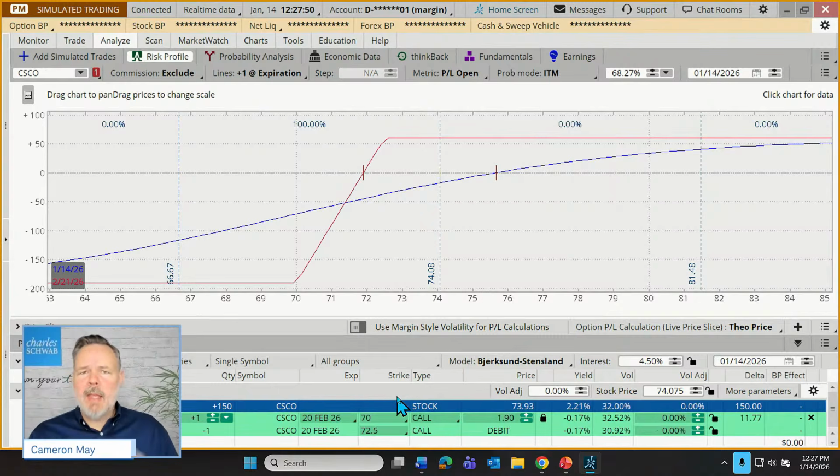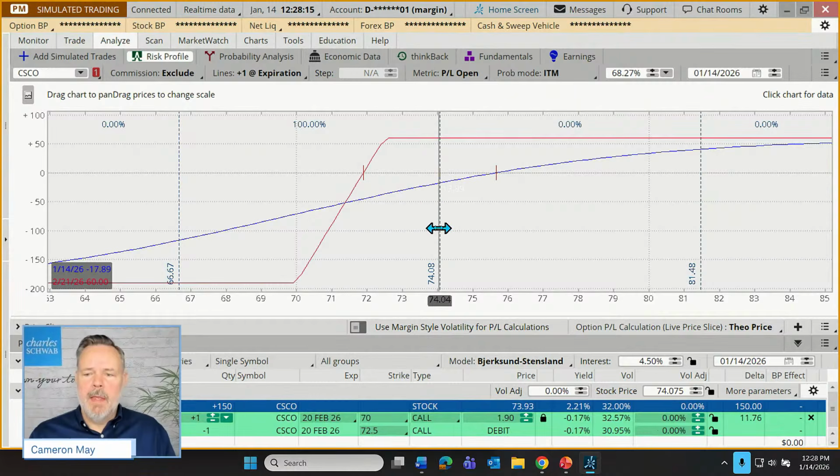I wonder what the likelihood is for the trader for the stock to fall below 70 and we're at maximum loss at expiration, or for it to be above 72.5 and we're at maximum gain. Or I wonder just what the chances are that we at least break even on this trade. So that's what these numbers help us explore. And they're related to these slices.